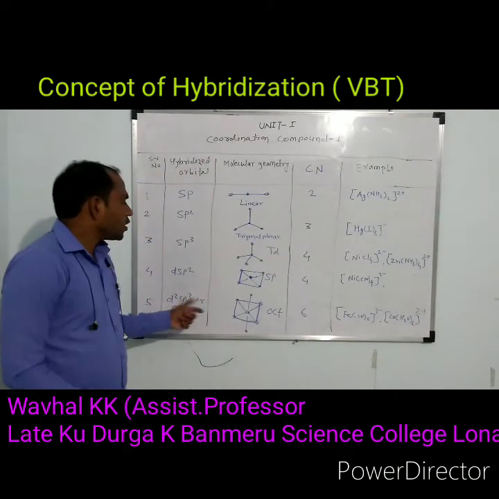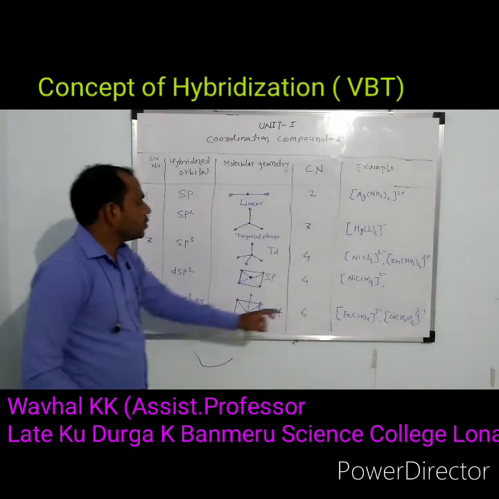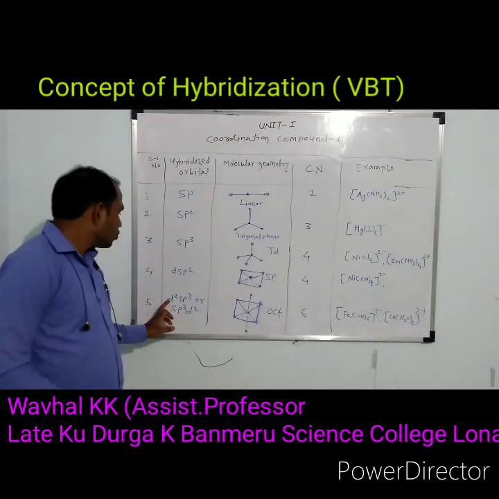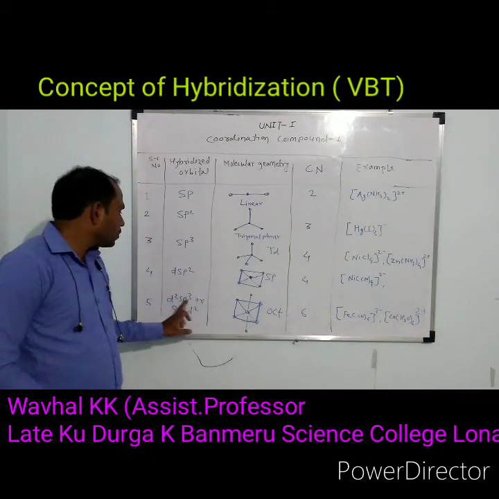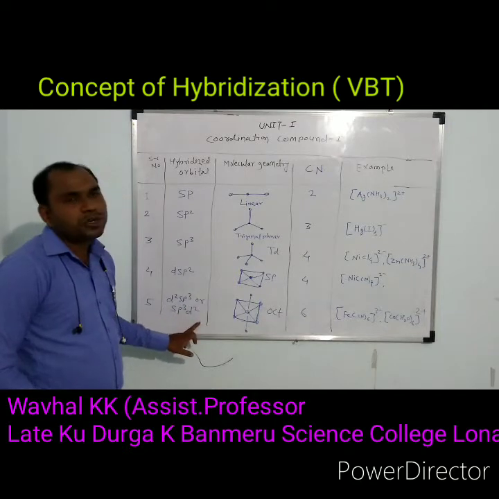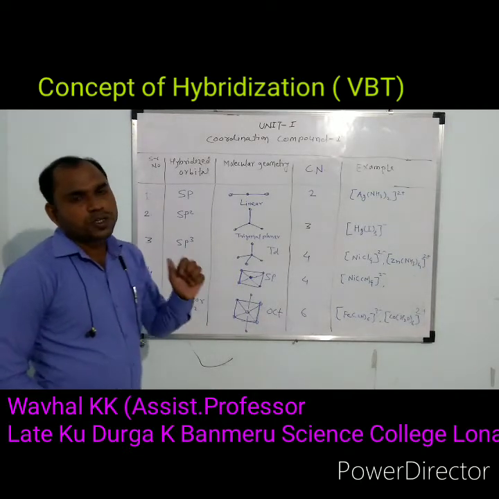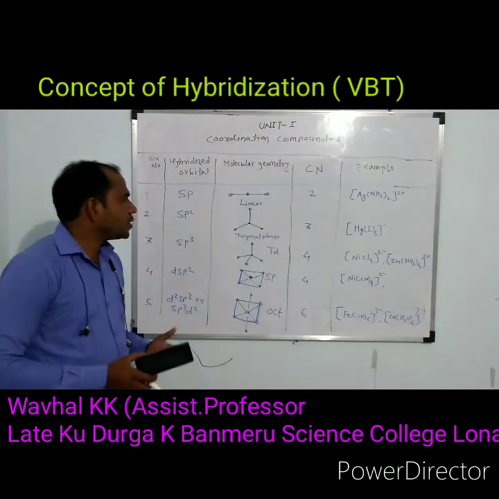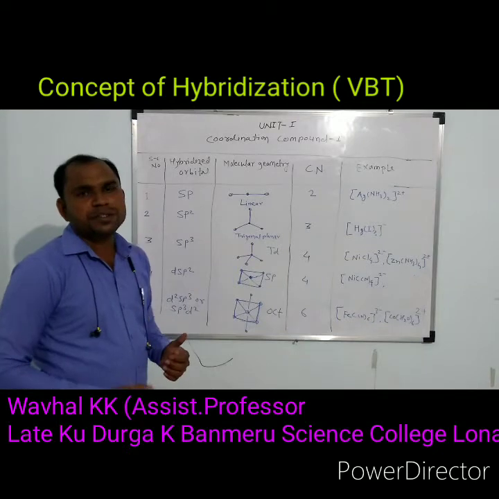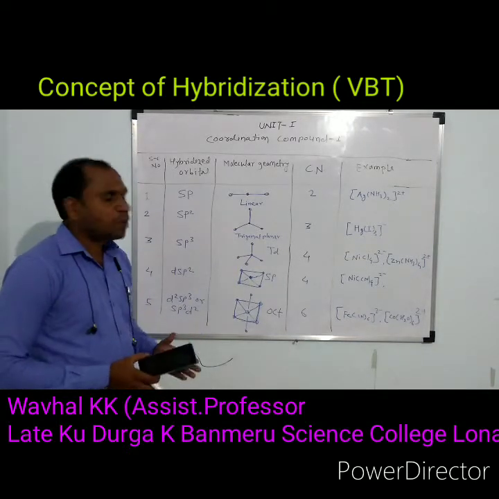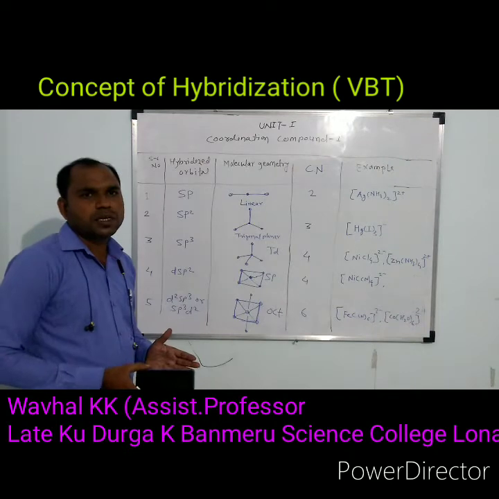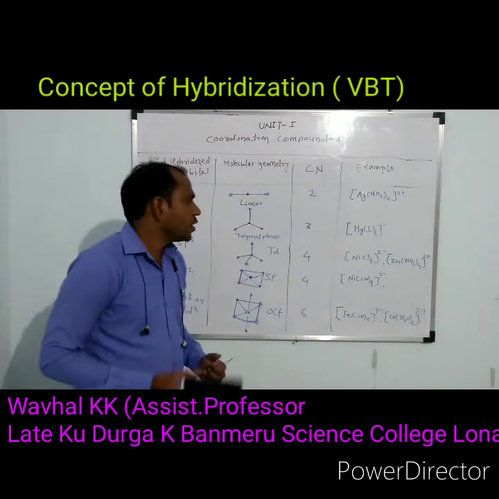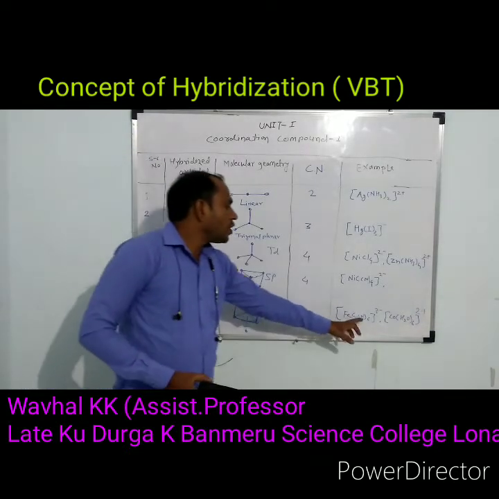But when coordination compounds have coordination number 6, there is the possibility of two hybridizations: one is d2sp3 and the other is sp3d2. The first, d2sp3, is called an inner orbital complex, and when the complex acquires sp3d2 hybridization, it is called an outer orbital complex. The formation of inner orbital and outer orbital complexes depends upon the type of ligand used.